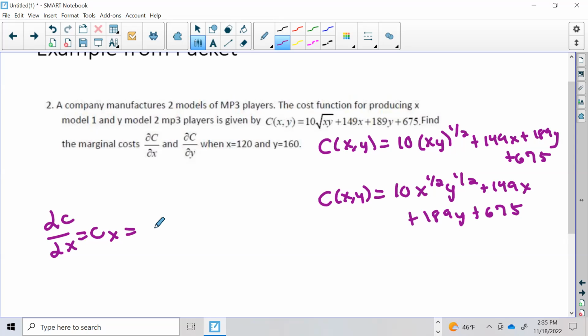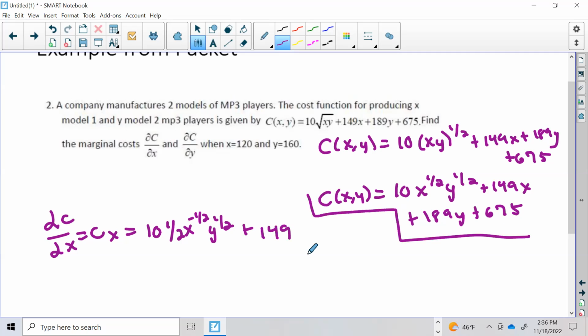So I have 10 as the constant as well as y. And then I'm going to multiply by the derivative of x to the 1/2, which is 1/2 x to the negative 1/2, because I subtract 1, plus 149x is 149. 189y is just a constant, so it's 0, and 675 is just a constant.